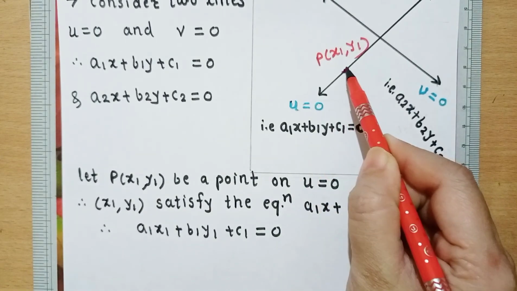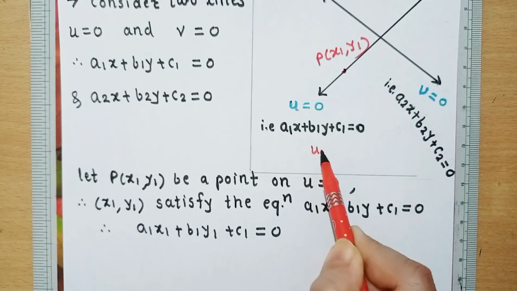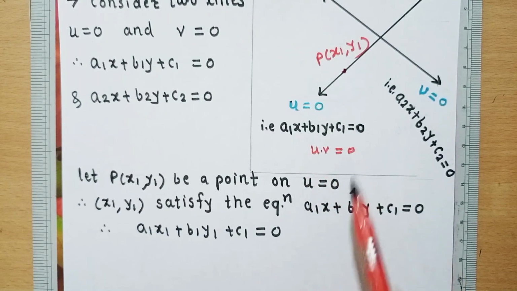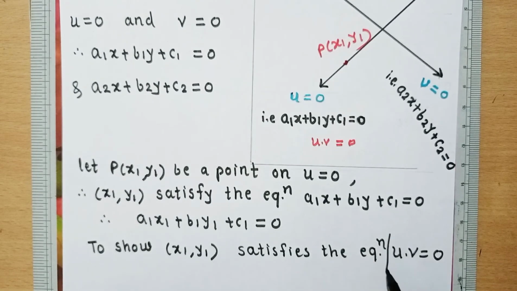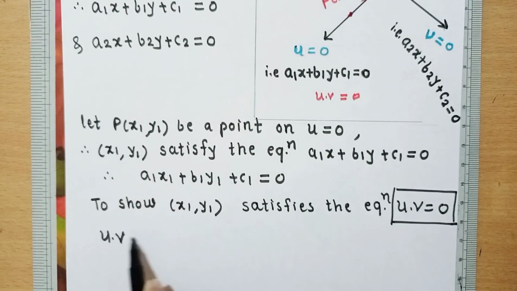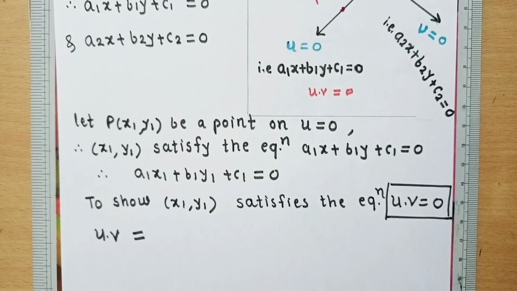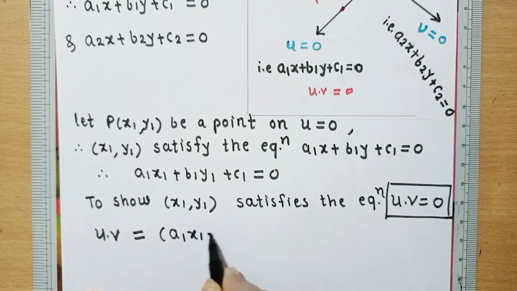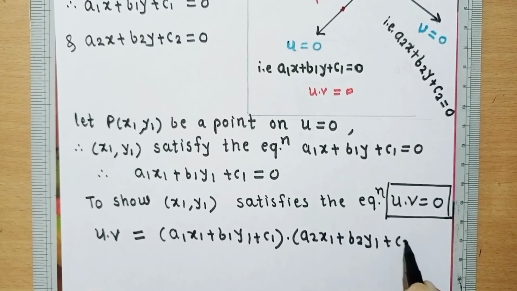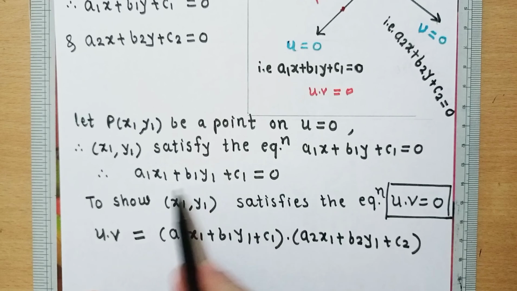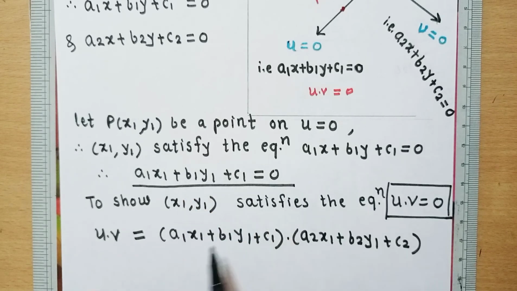Now we have to show that this point satisfies the combined equation uv equal to 0. We will substitute x1, y1 in the LHS of this equation. So we start from u dot v. Now substitute u and v: (a1x1 plus b1y1 plus c1) dot (a2x1 plus b2y1 plus c2). We have shown that the first bracket is equal to 0.